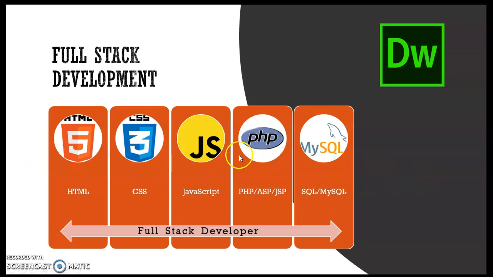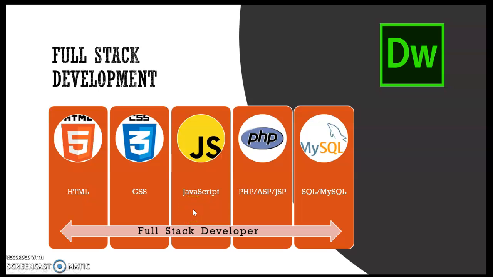MySQL is for the database part, and PHP, like ASP, JSP, or .NET, are server-side programming languages. This is on the server side. The HTML, cascading style sheets, and most of the JavaScript are on the client side. That's what we're going to focus on in this class.